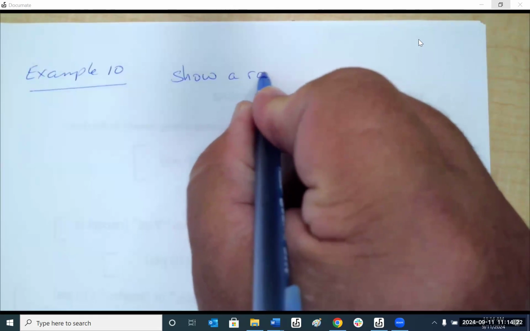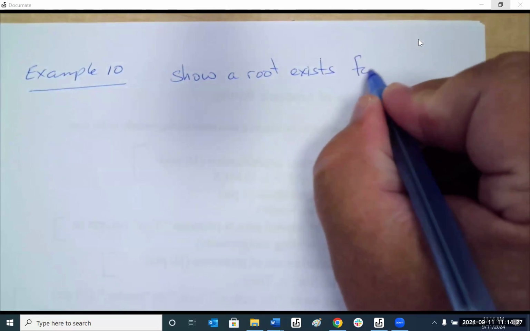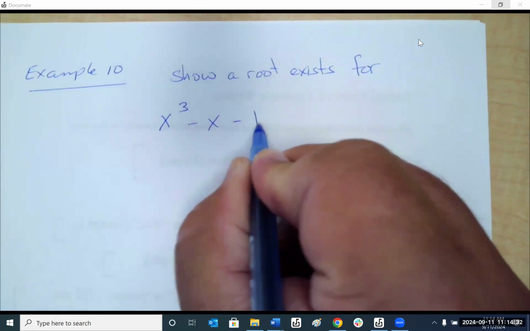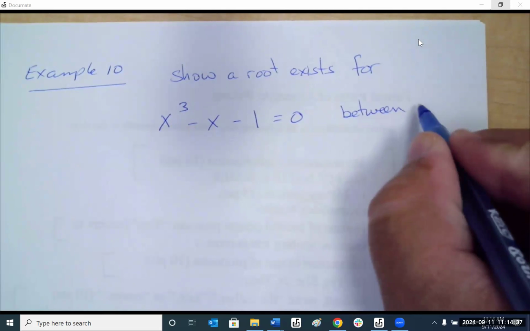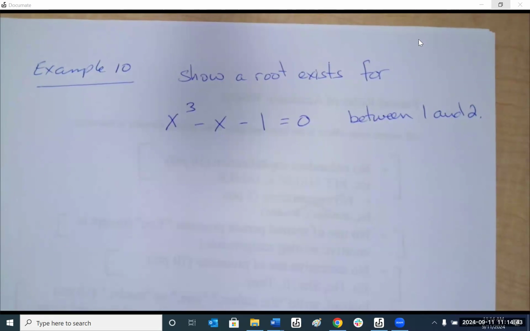Show a root exists for x cubed minus x minus 1 equals 0 between 1 and 2. So how are we going to do it? Using the intermediate value theorem, how do you think we're going to do it?